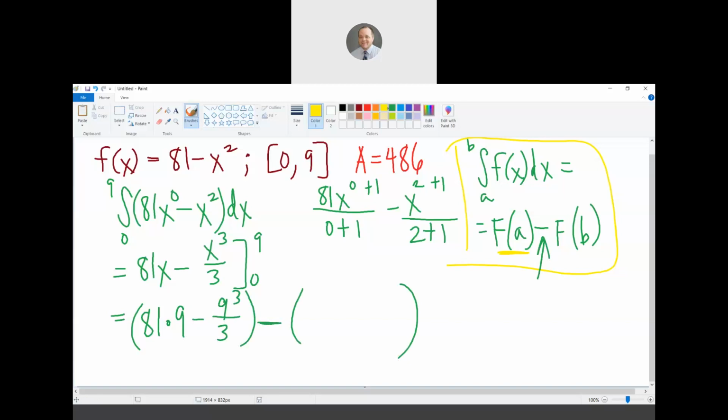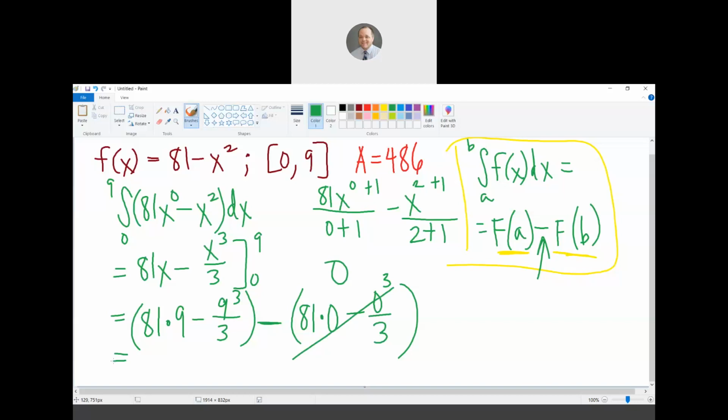And the second time around, everywhere you see an x, plug in your lower limit of integration, namely 0. So we got 81 times 0 minus 0 cubed over 3. That entire second part in the parentheses goes to 0.